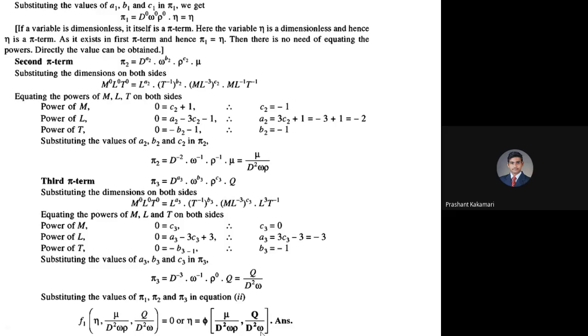If you consider that, altogether the dimension should be 0. Here also, for efficiency, there are no dimensions: 0, 0, 0. That check you have to make and write. Finally, we got efficiency as a dimensionless property.